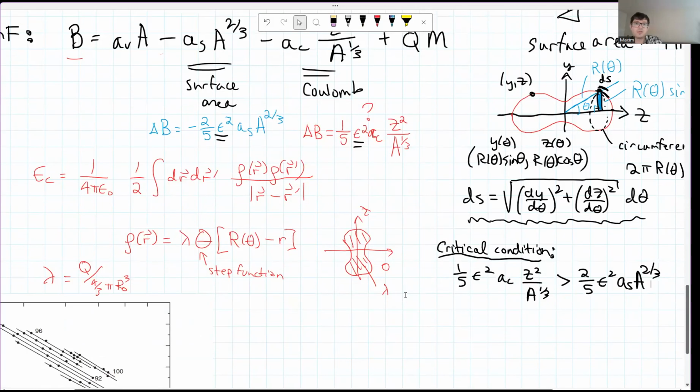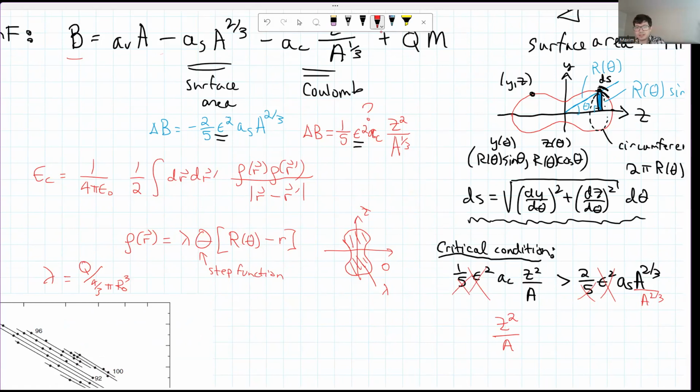And what is that condition? Well, you get some cancellations. Of course, this epsilon squared cancels, the 5 cancels. You can take this A to the 2/3 and divide, and then this just becomes A. And so you get Z squared over A, which is really nice because that is the combination we were hoping to get.